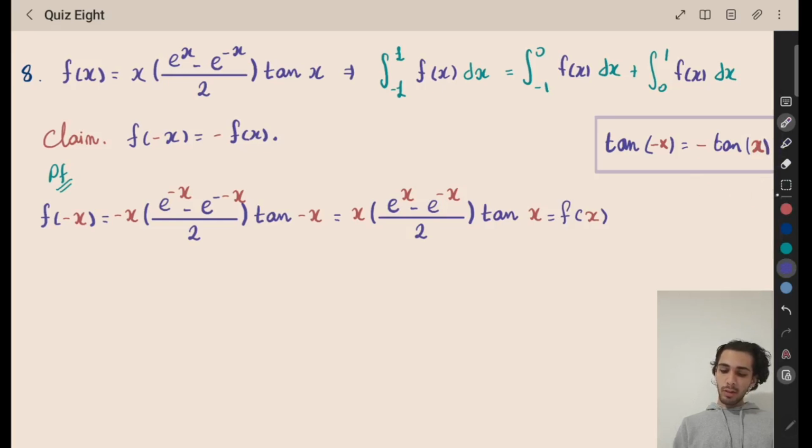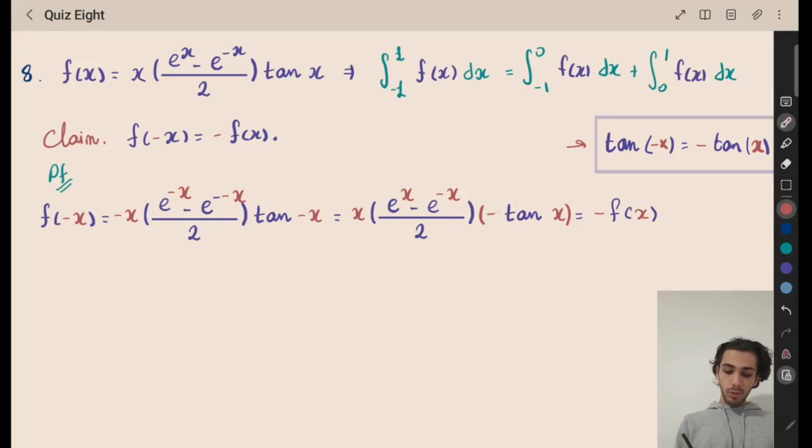And if you say this, then here you get a minus of tangent of x. And if you do this, then you get a minus f of x. So this probably still needs some convincing, but just believe me for now.